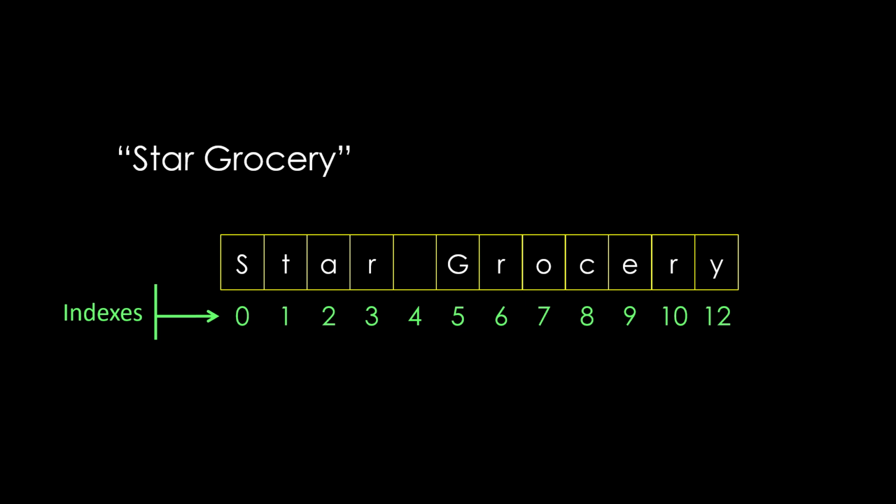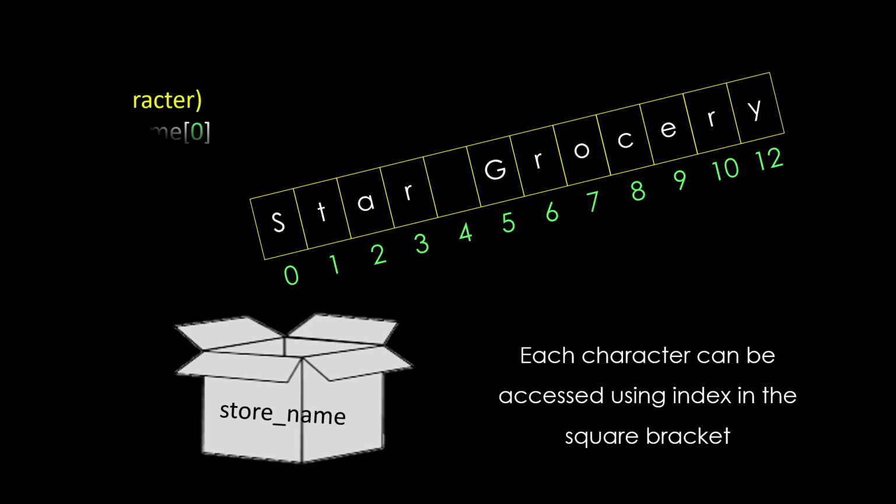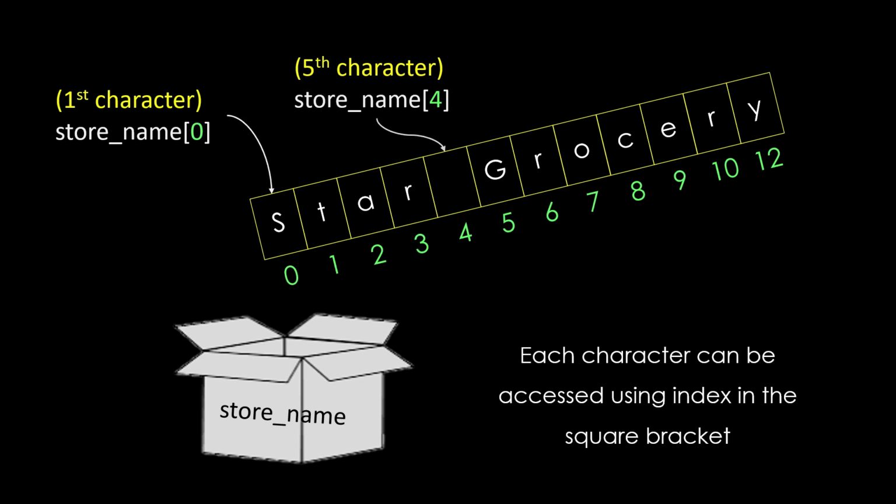But in a computer system, positive numbers start from 0. So the indexing starts from 0 instead of 1. Everything else remains the same. This means you can access the first character of a string by index 0, the second character by index 1, and so on.